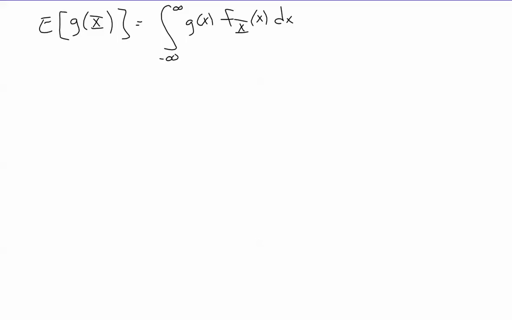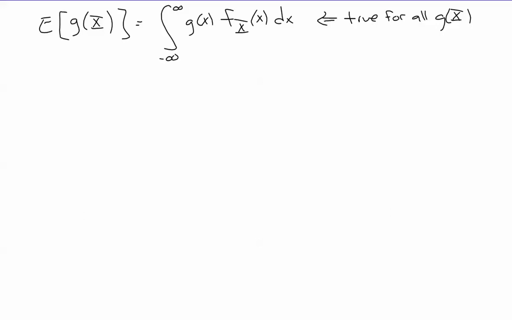When I started this derivation I said that my transformation function g was always non-decreasing. It turns out if I looked at always non-increasing functions and did some mathematical gymnastics, I would come to this exact same result. This is true for all g. Okay, that's true in general for g always increasing or g always decreasing, or anything in between.